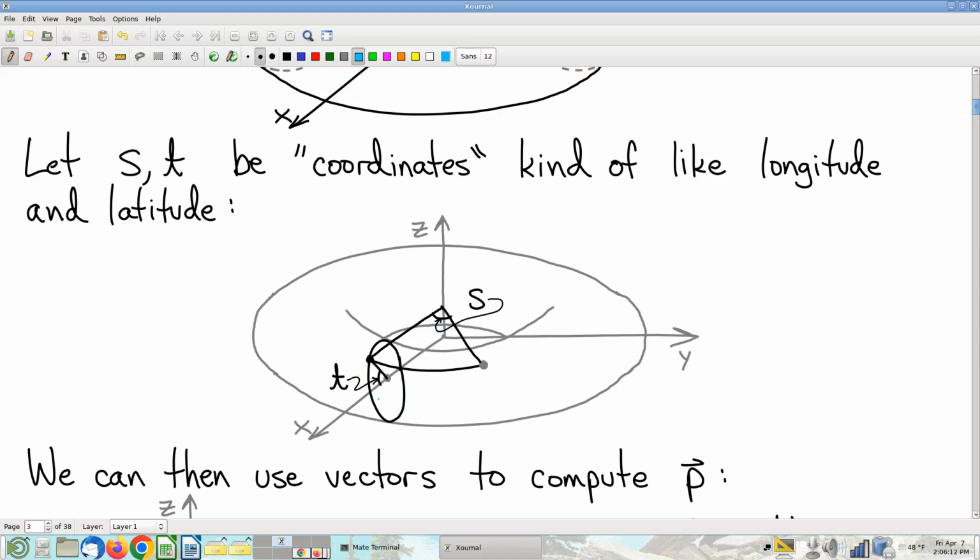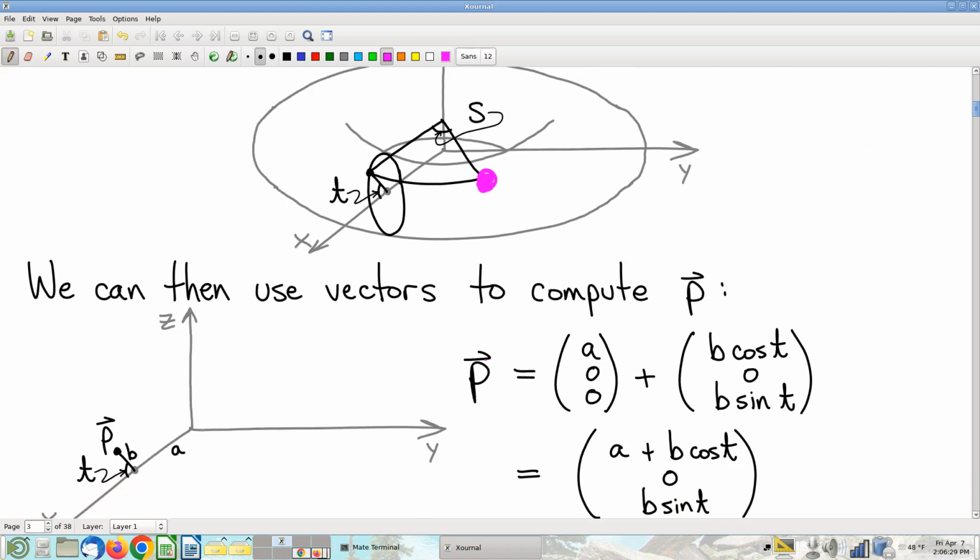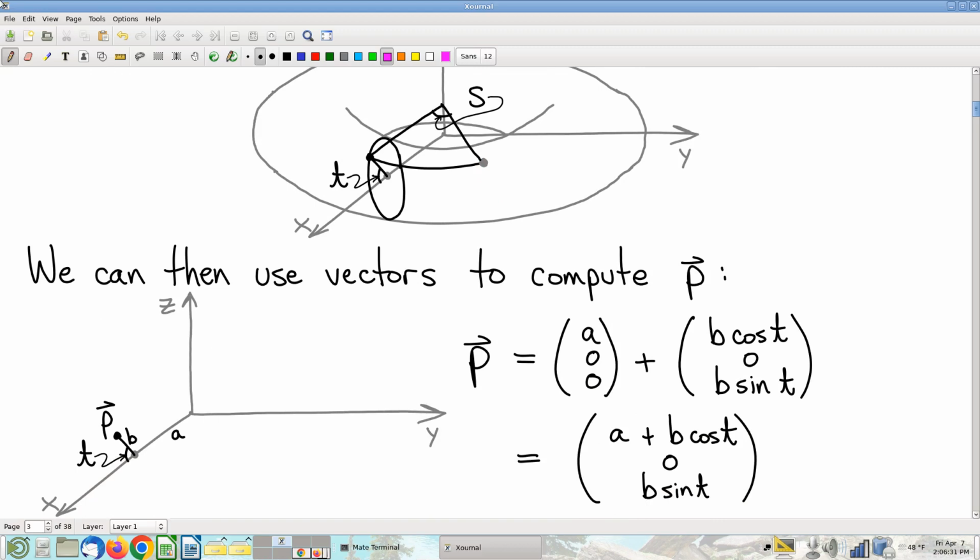Well, with the coordinate system made up, all I have to do now is use geometry to literally find the coordinates of this point, in terms of S and T. So just a little bit of geometry. The first thing I'm going to do is think instead about this point right there.